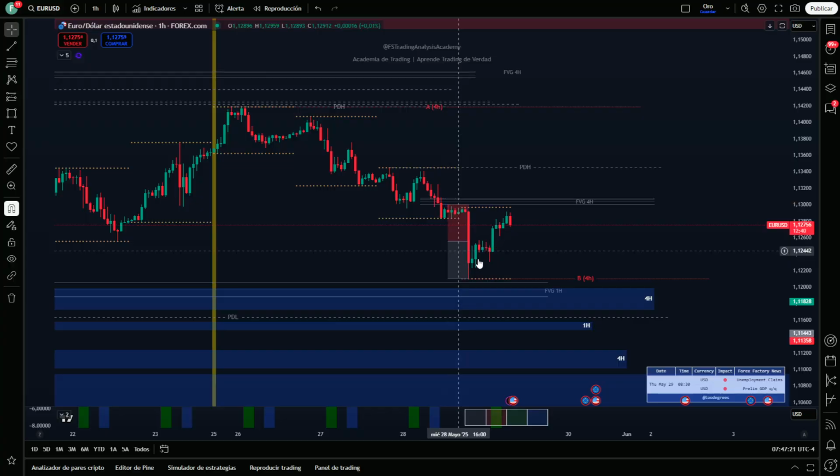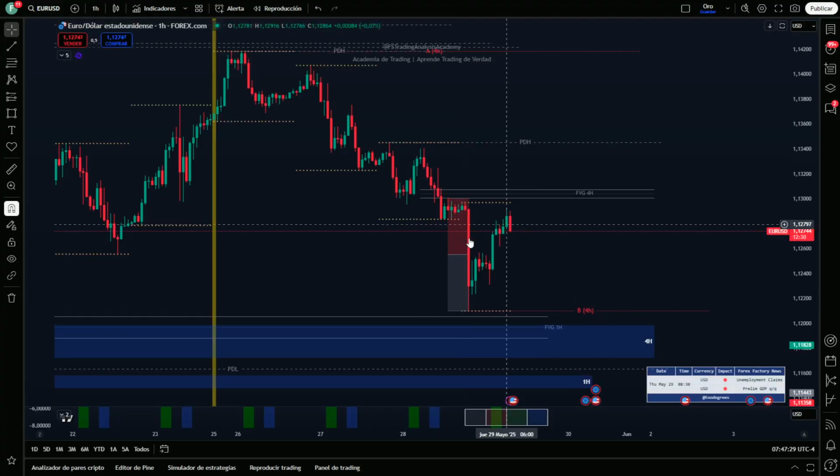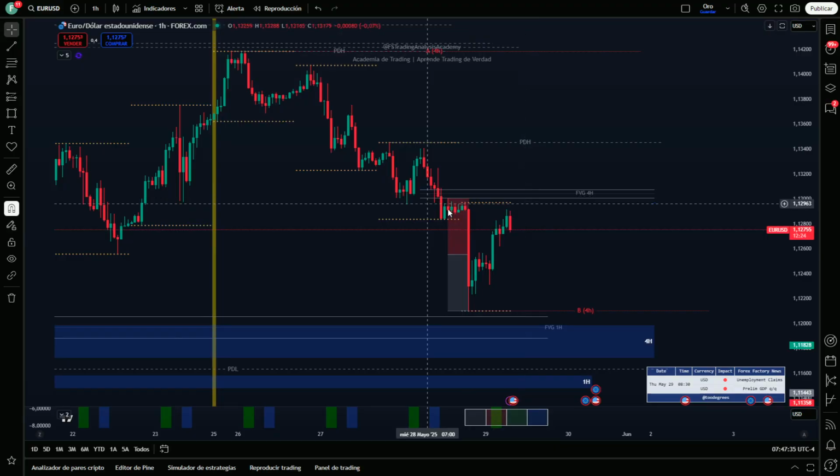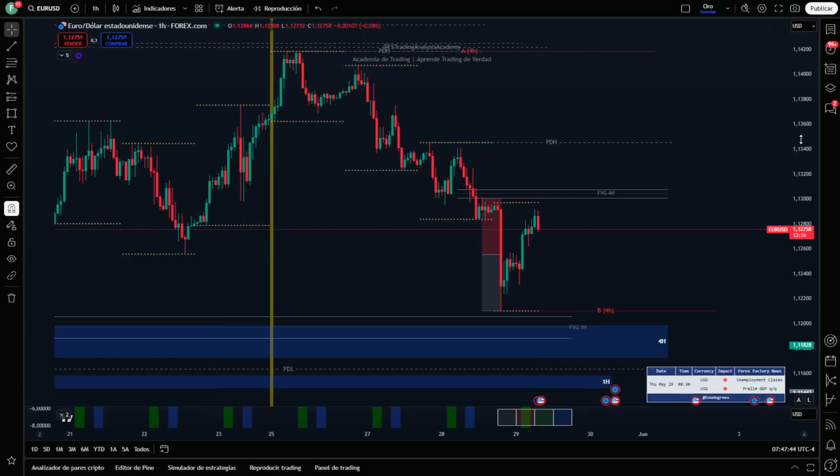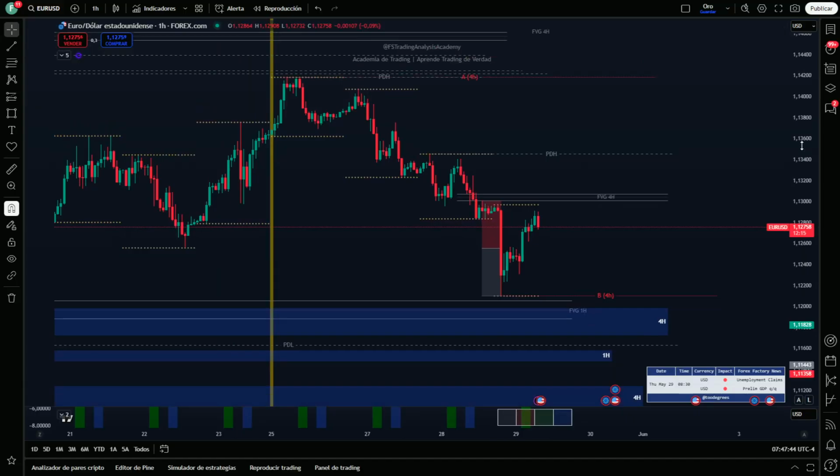In this pullback we saw on the 4-hour time frame, we've reached the upper zone, and we need to see if a structural shift occurs at the top, by breaking the previous high on this 1-hour time frame, or if the zone holds and we continue to drop. This helps us understand the market direction and context across all timeframes. We can also see that we're following a sort of trend line on the 1-hour time frame.